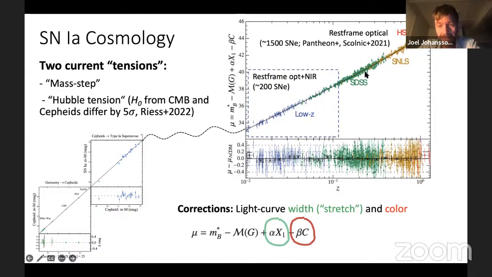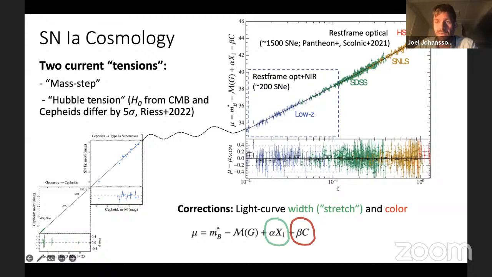Then the Sloan Digital Sky Survey had a big supernova part that found supernova at this intermediate redshift range around 0.2, 0.3, and the Supernova Legacy Survey in orange.